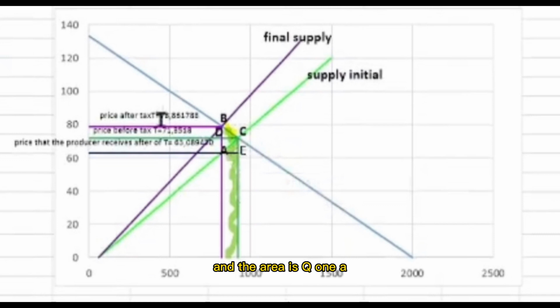And now the cost not incurred for not producing, the area is between points A, C, and E, equal to 460.680125, and the area is Q1, A, E, Q0, this is equal to 6,633.79.